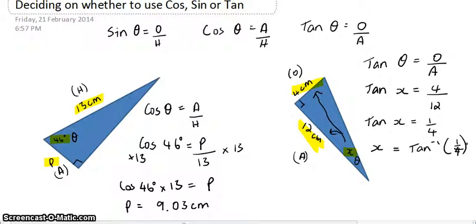So we put that in our calculator, shift tan, brackets 1/3, close brackets, just to make sure we get it right. And we get x equals 14.04 degrees rounded. If we press our special DMS button, we can also get the minutes and see that it's 14 degrees and 2 minutes, and then it goes into seconds as well. But either is fine as long as you've got the degrees right.